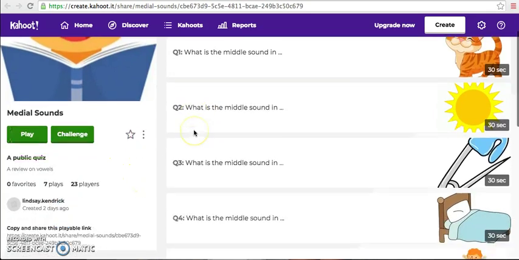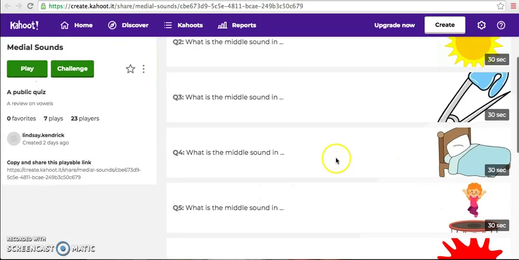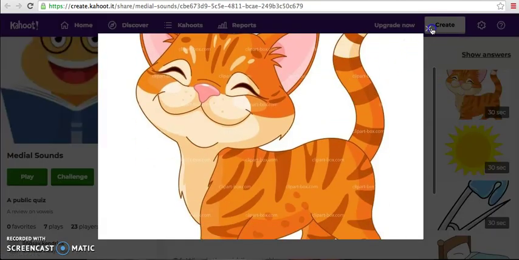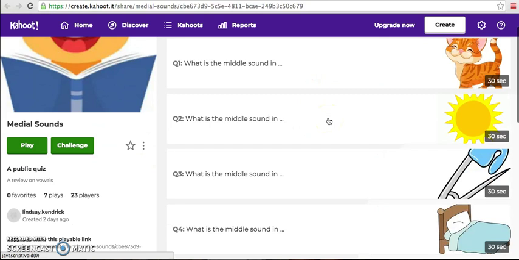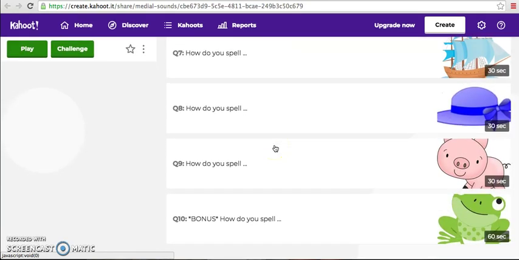For questions 1 through 5, they see the picture and they have to select the right vowel. Then for questions 6 through 10, they have to select the correct spelling of the word.